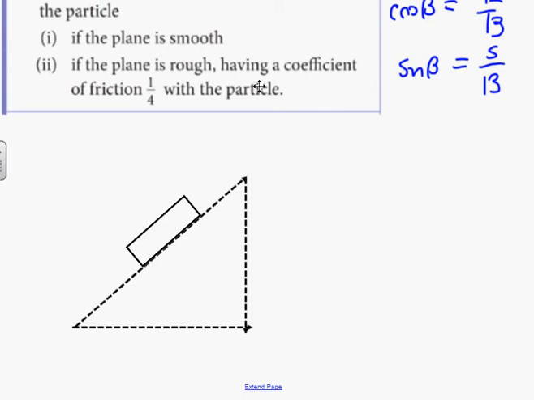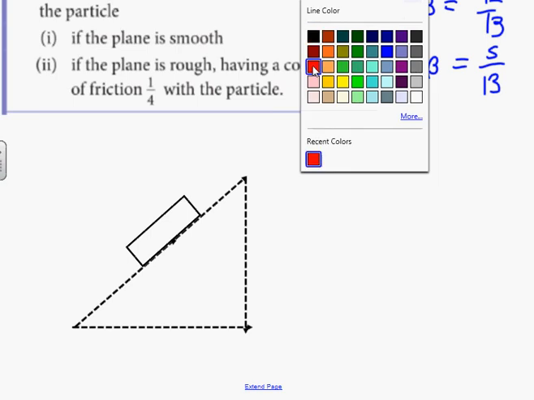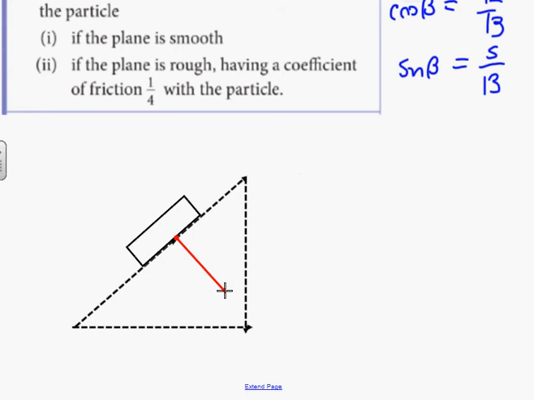Now, what I'd like to do first of all is break up its components. Remember, we used to break up gravity into its components going straight down and straight across. So I'd like to do that as well. We're going to break it up into a gravity triangle, or in this case a weight triangle. This weight triangle is going to be in red here, so we go perpendicularly down, straight across and down.